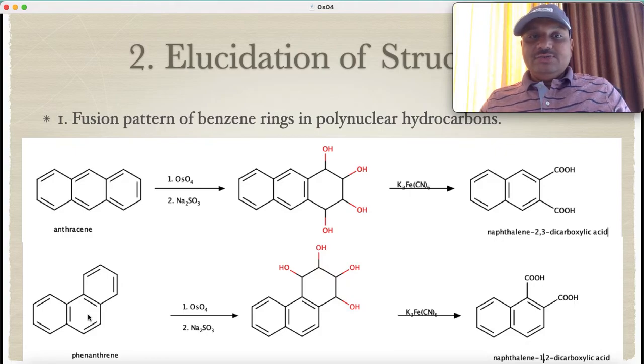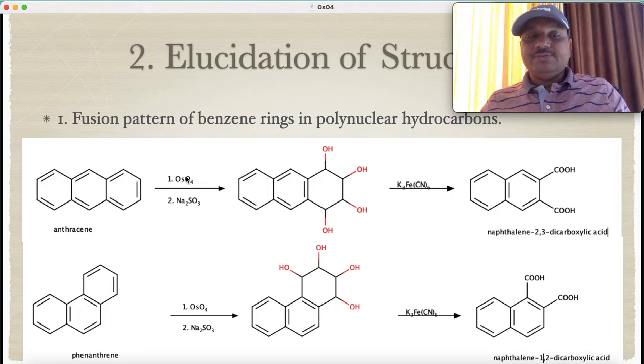This fusion of the benzene ring with naphthalene in anthracene as well as phenanthrene is determined by using osmium tetroxide. Anthracene on treatment with osmium tetroxide in the presence of sodium, followed by treatment with sodium sulfite, undergoes hydroxylation on this double bond. We get the tetrol.